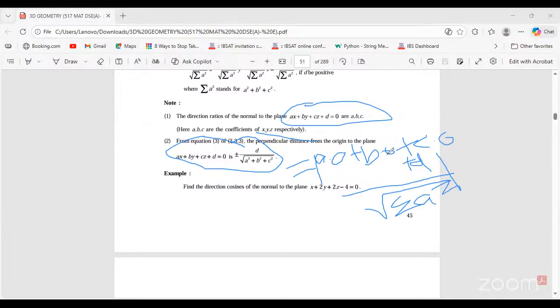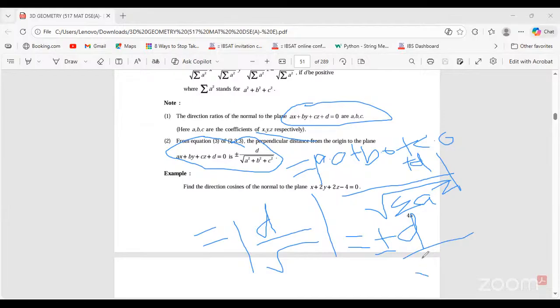You get A into 0, B into 0, C into 0, plus D, which equals modulus of D by root of summation A square. Okay, when we remove the modulus, we get two values, one positive and another negative, so plus or minus D by root of summation A square.